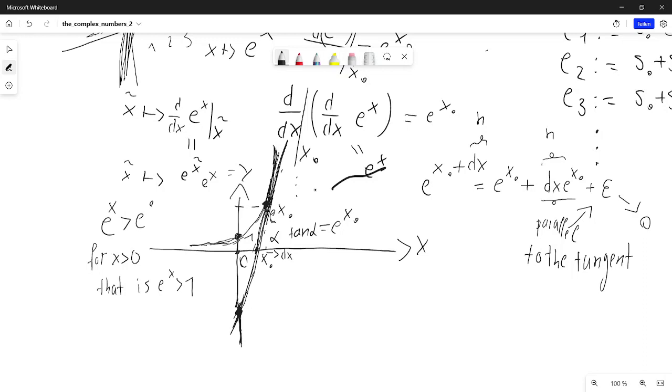Namely, we would have to find with which intercept we actually get this at this point.